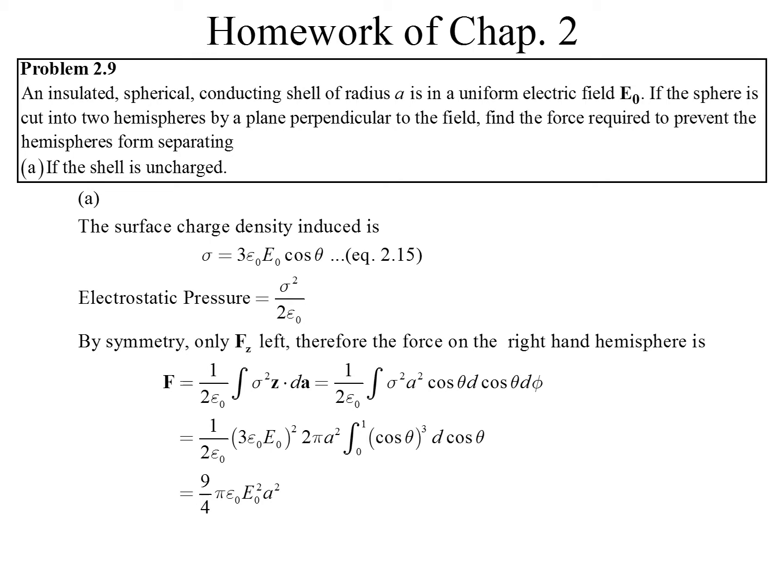The surface charge density induced is given by equation 2.15 from the textbook, and the electrostatic pressure has a relation. By symmetry, the force only survives in the z direction, and therefore the force on the right hand hemisphere is given below.